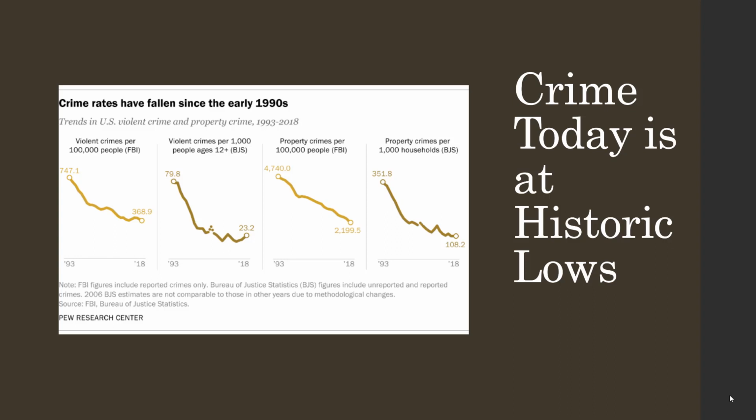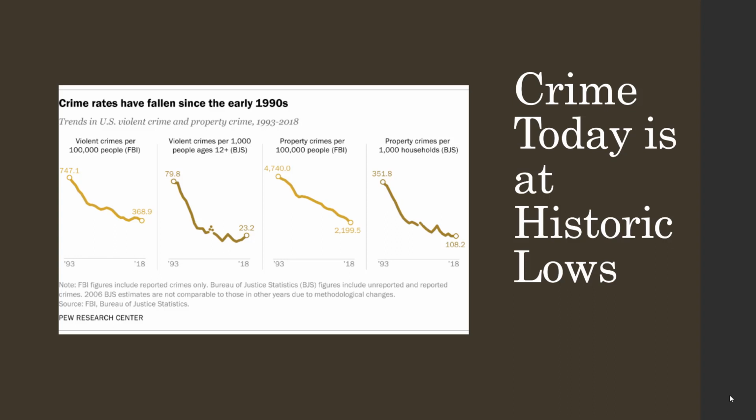So if you had a state like Wyoming, which I think has about 500,000 people in it, or a state that had 10 million people in it, that would mean that there were 74,710 violent crimes.